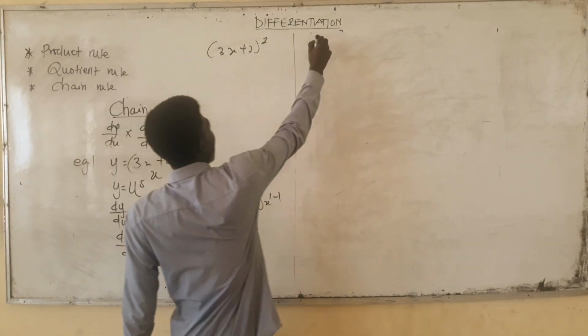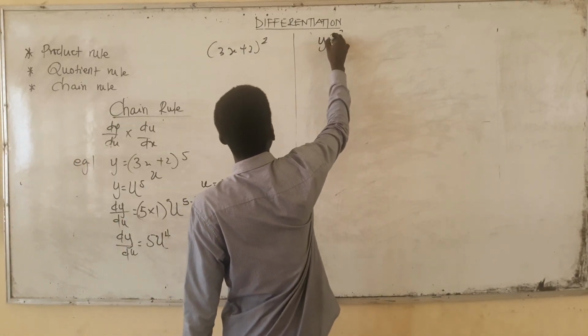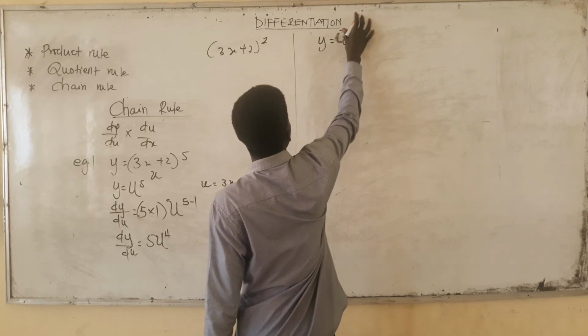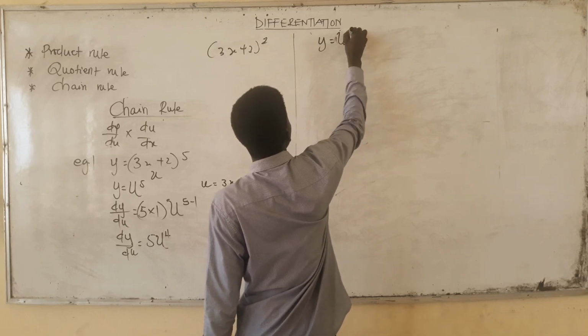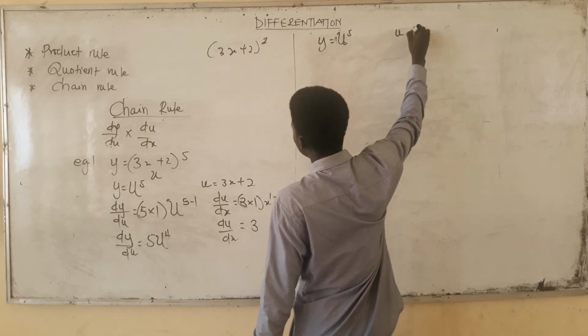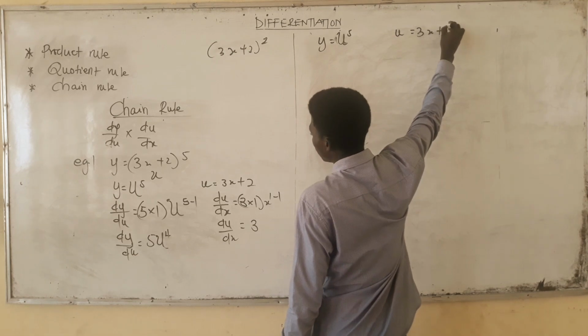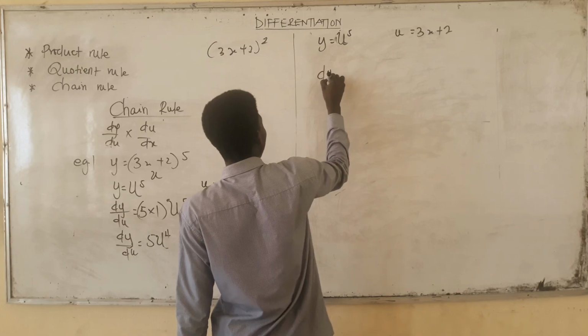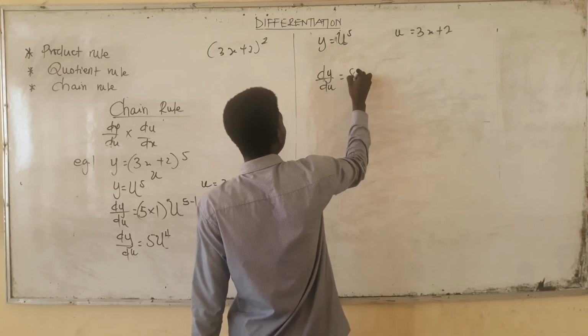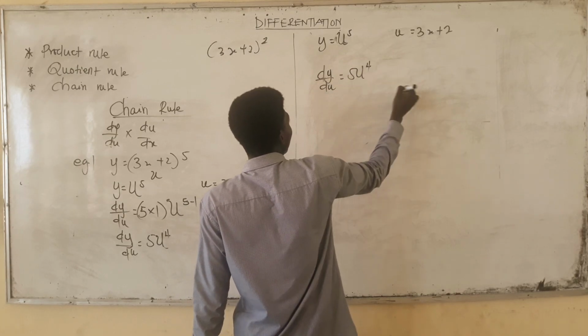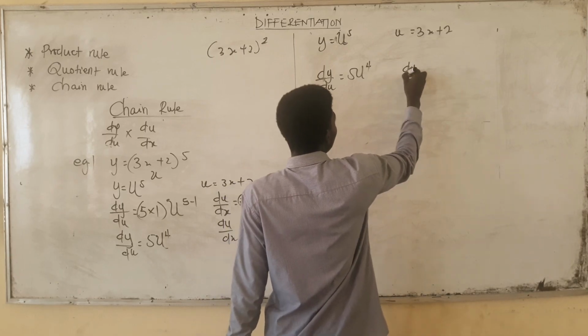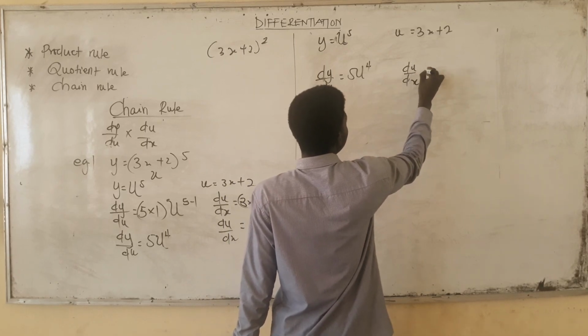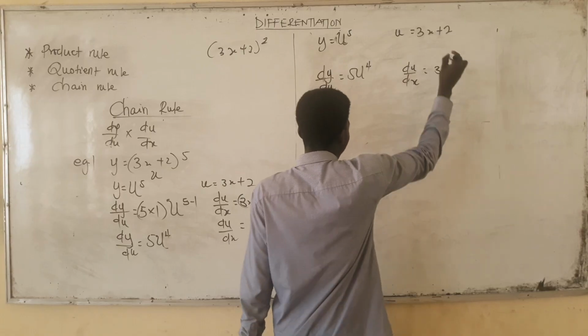So now we know that our y is u raised to the power 5. Our u is 3x plus 2. And when we differentiated, we had our dy/du to be 5u raised to the power 4, and our du/dx, we have 3.